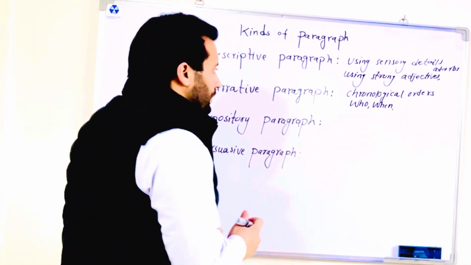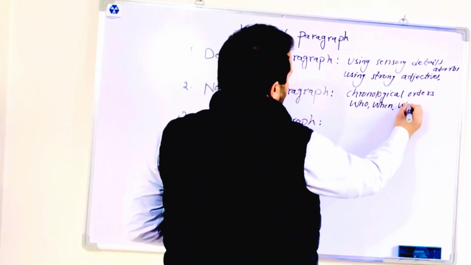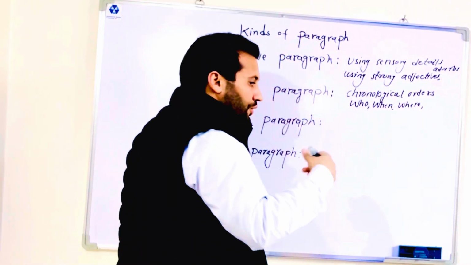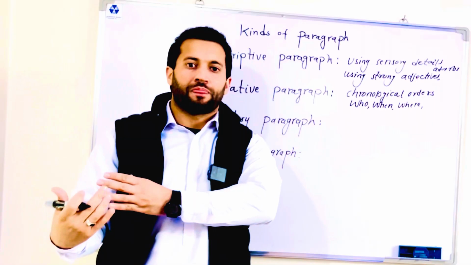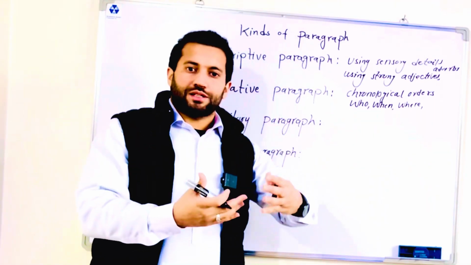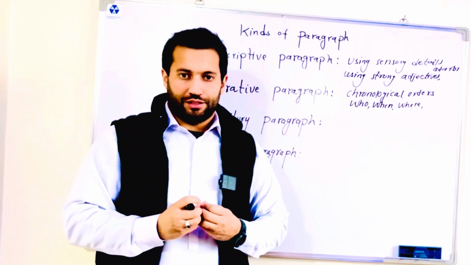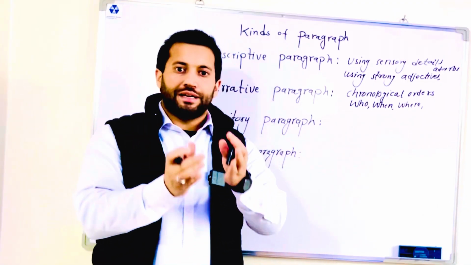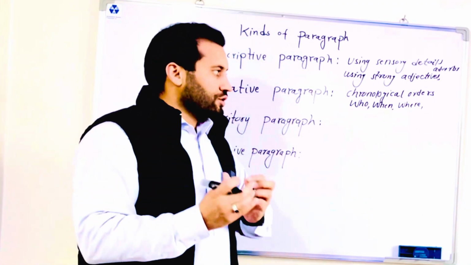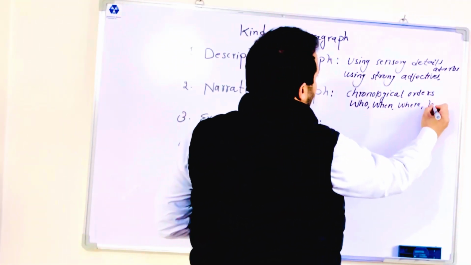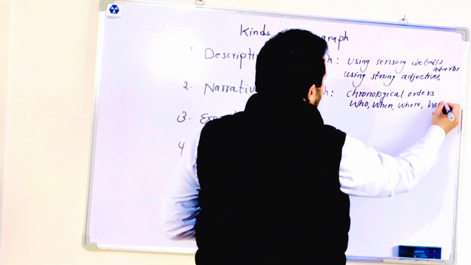The third question is where did this story happen? Either this story happened in Afghanistan or maybe in India or Pakistan or some other place. Where did this story happen? This is the third question. The last question is how did this story end?